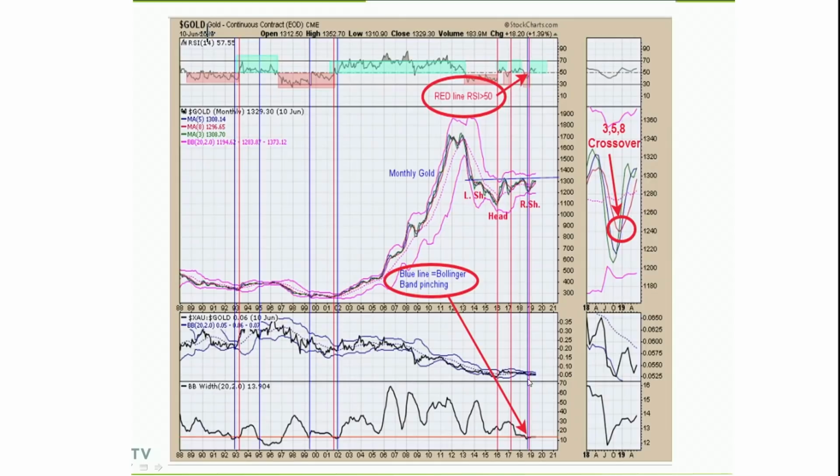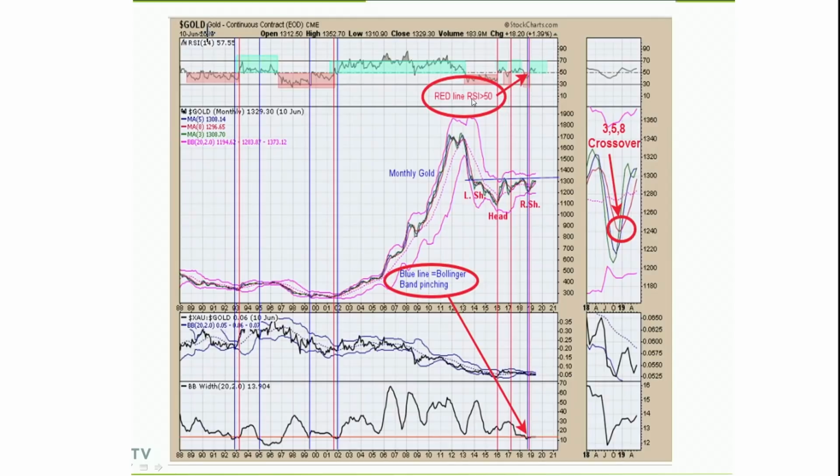And again, it's been about 19 years since the Bollinger Band got this low. So we're back there again. Bollinger Band is extremely narrow, and it's been 19 years since it's been this low. So we're looking for a big move to begin.